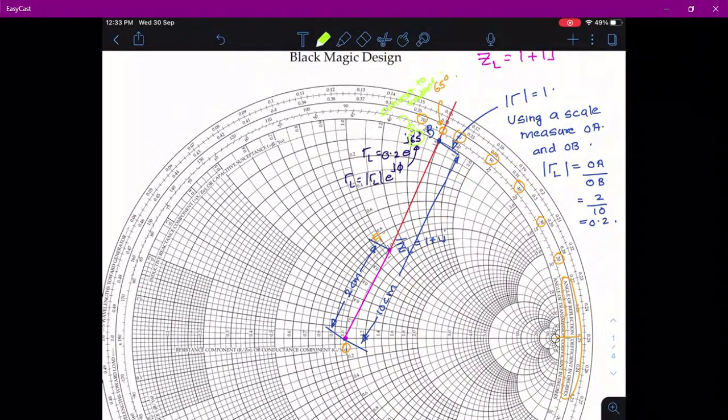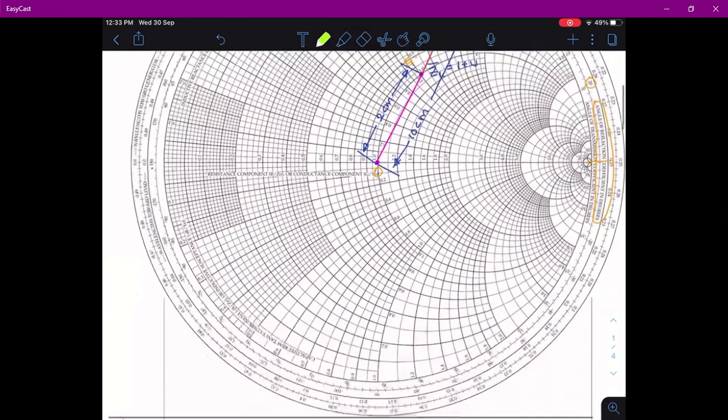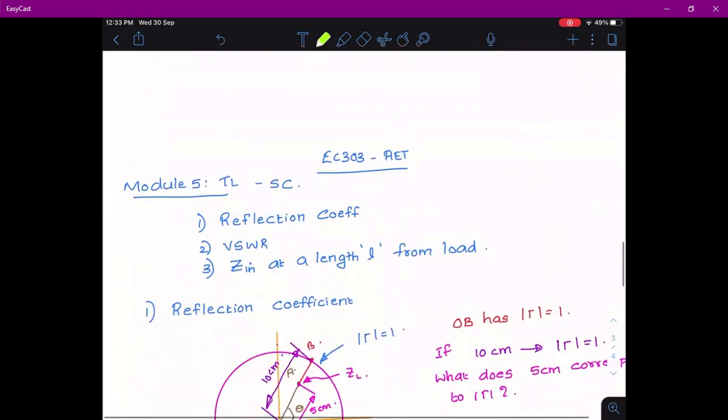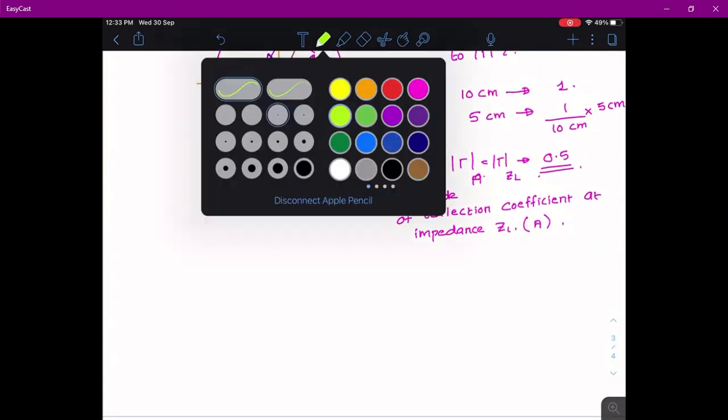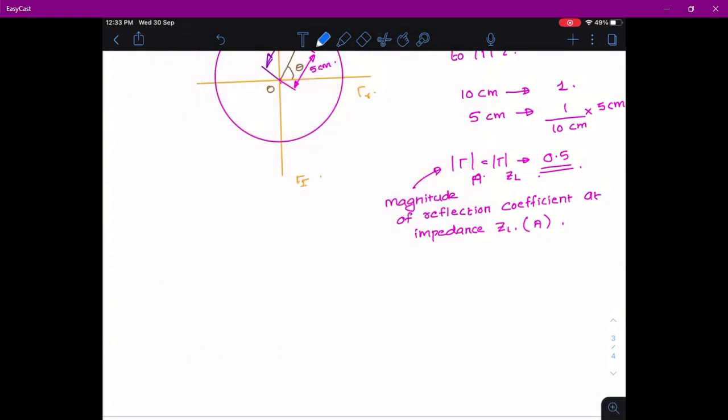So finding reflection coefficient is very easy in a Smith chart. You just need to measure using a scale the distances of your ZL and the distance from origin to the outer circle. I hope you have understood this. Now let's move on to finding VSWR.